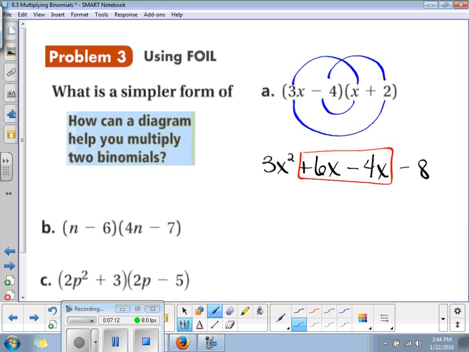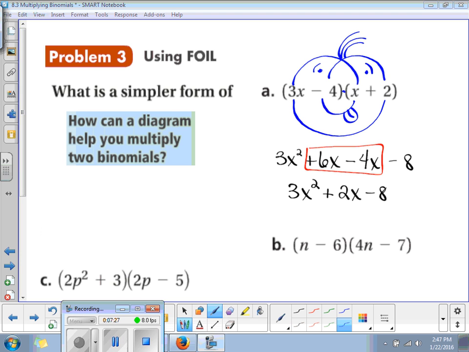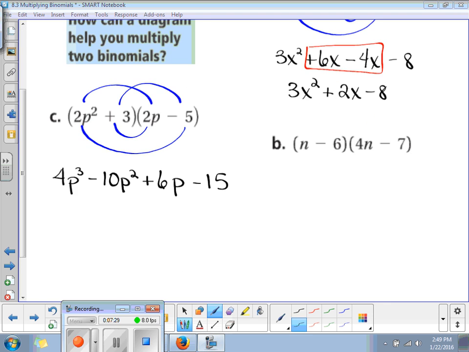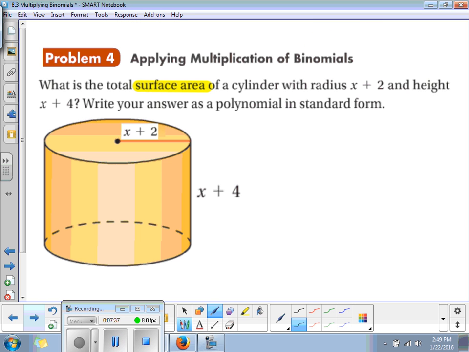If you can combine like terms, you combine. So we've got 3x squared, positive 6x minus 4x is a positive 2x, minus 8. So, there's your solution for problem C. Everybody clear? All right, very good.